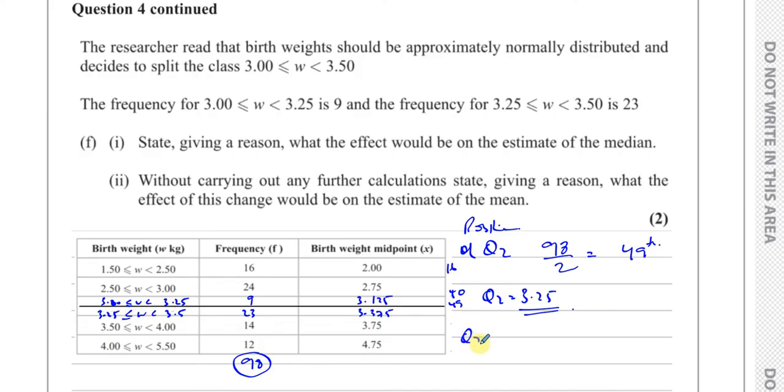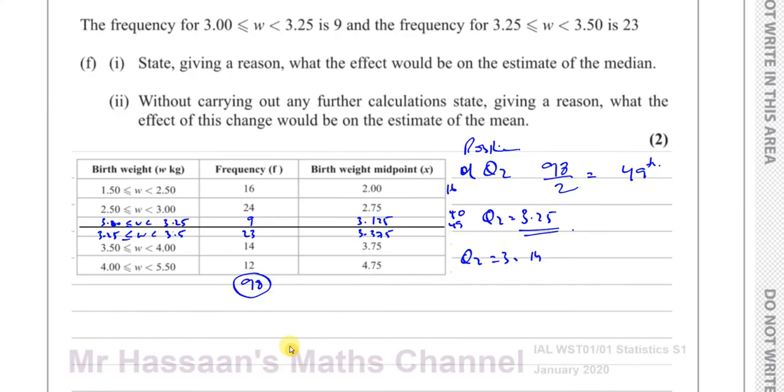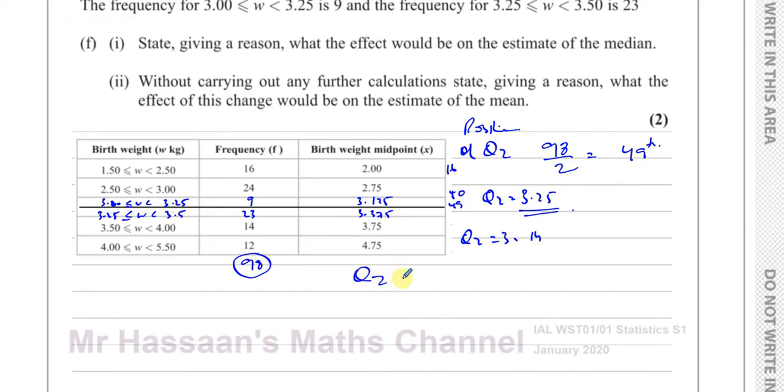Previously, Q2 was 3.14, so therefore you can say that Q2 is going to increase, because now it's in a group which is further along than the group it was in before. Before it was in the third group, now it's in the fourth group.